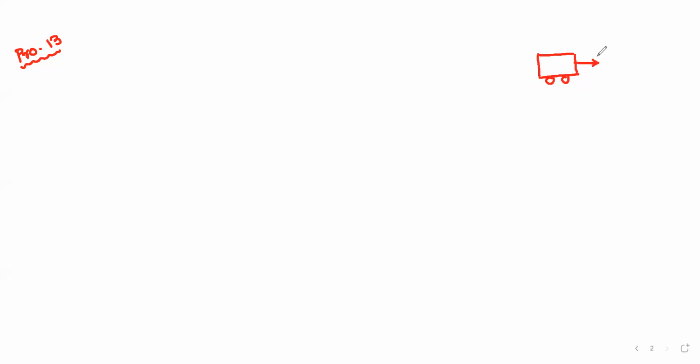Suppose the bus is moving with some velocity, like some 10 meter per second. Generally, in Hyderabad we stand on footboard only, even though the total bus is empty.